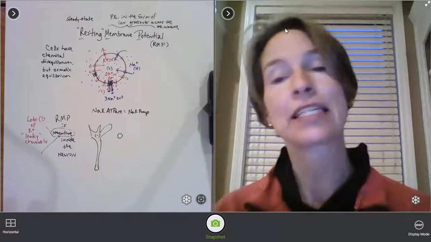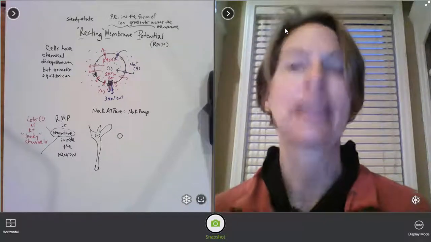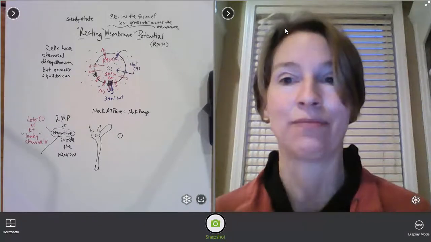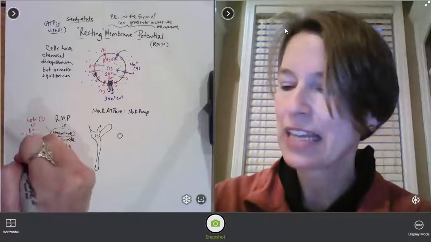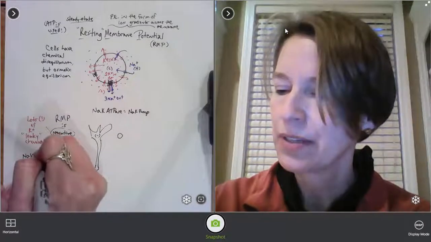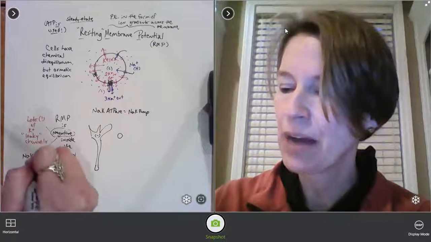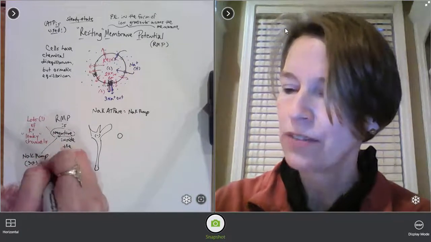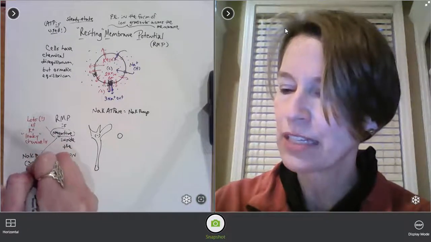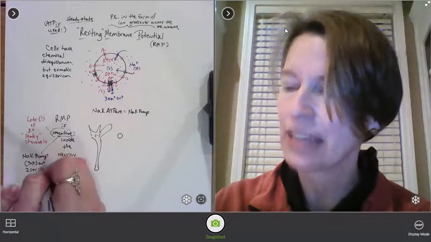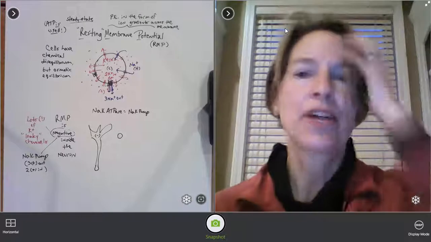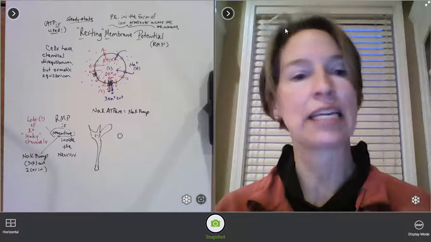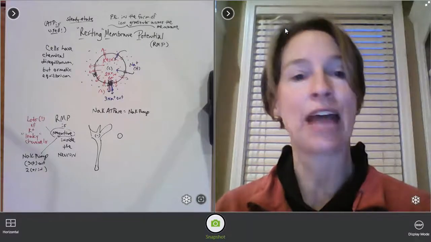At the steady state, it's negative inside compared to outside. That's a resting cell. It's using a lot of energy, but it's considered resting. An NaK pump, which is 3 positives out for every 2 positives in. And you learned that in your lab a couple of weeks ago. So that ratio is going to make the inside more negative than the outside.